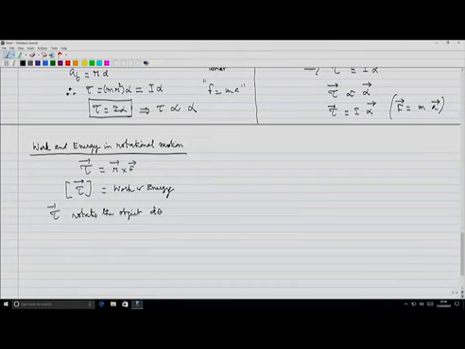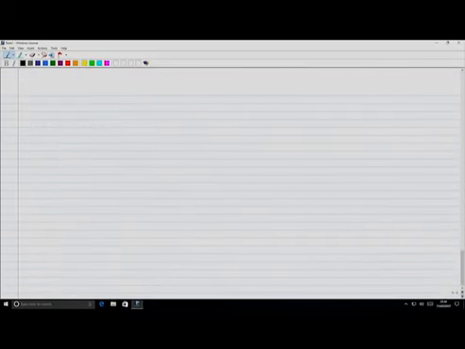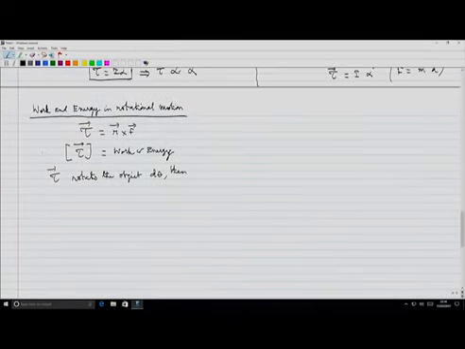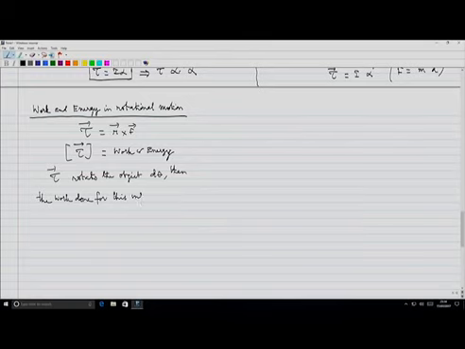about an axis, let us say by d theta, then the work done for this infinitesimal rotation is dW equal to tau d theta.